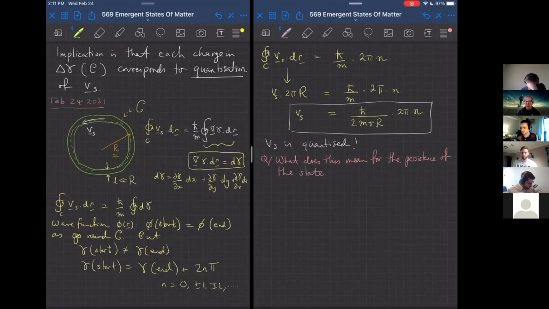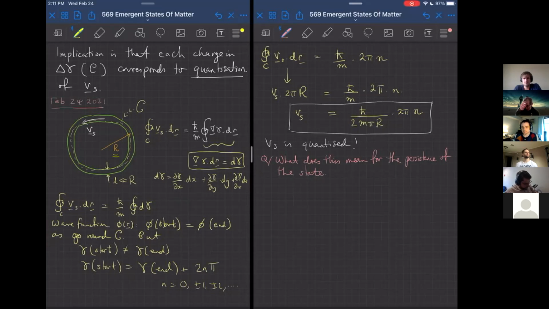If I started off with some spatially varying wave function, it would very quickly settle into some kind of a uniform state. How it relaxes to that one can model using things like the time-dependent Ginzburg-Landau equation. So here we're really just interested in steady states where the velocity field is spatially uniform.